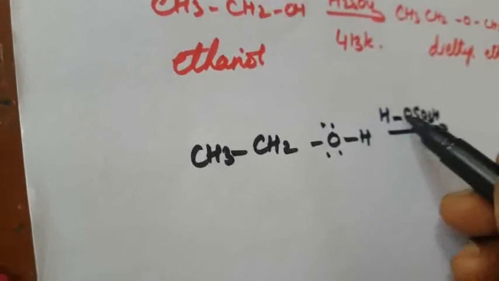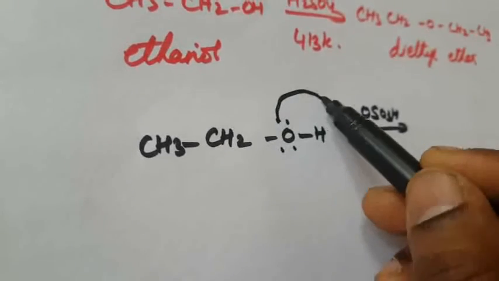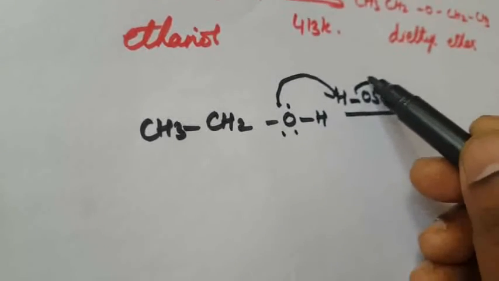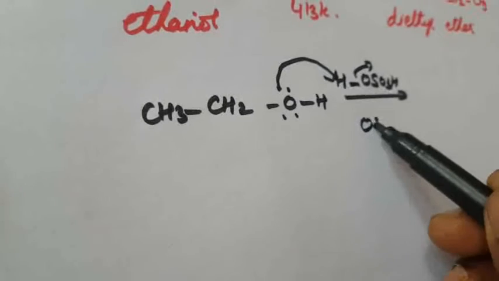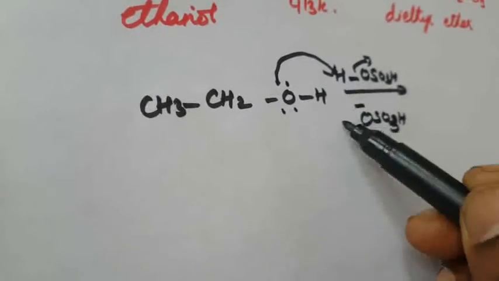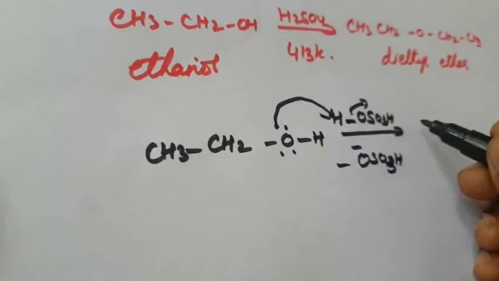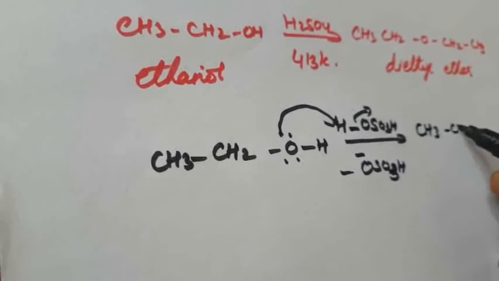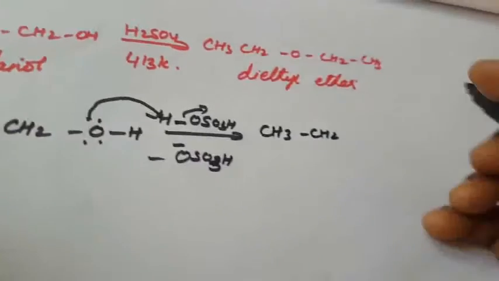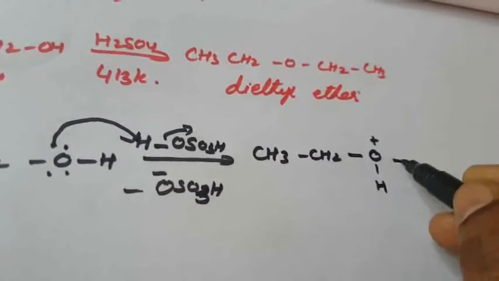So for our convenience, I can write like this. This is highly electronegative. It is attached to this hydrogen. So this bonding is moving out. So SO3H minus, this compound will be liberated. Okay, remaining compound, this hydrogen will be attached here. How to write? CH3CH2, then O. This is positive, then hydrogen, here hydrogen.